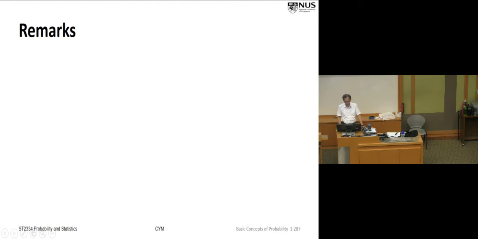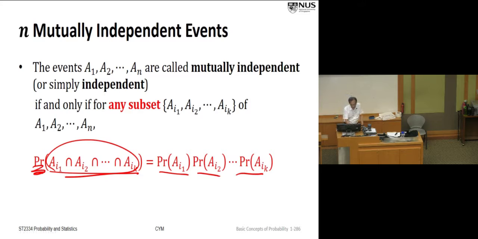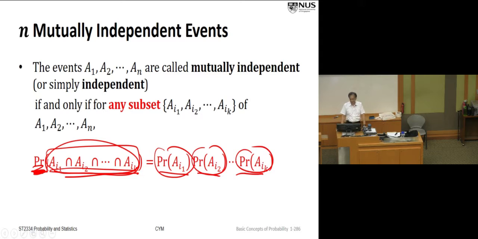So we have this result: any k of them occur together, or simultaneously, with a probability equal to the product of the individual probabilities of all these events.